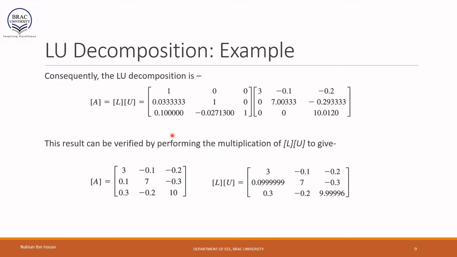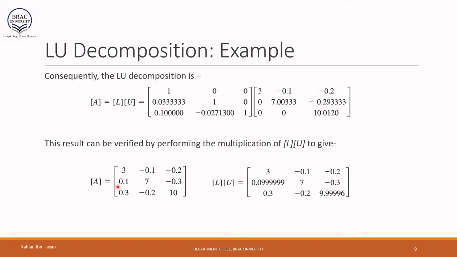If you multiply these two matrices, the lower triangular matrix and the upper triangular matrix, we can easily get back our original A matrix, the original coefficient matrix. If you multiply these two matrices, you see we get this result. Okay, but there are some slight discrepancies.